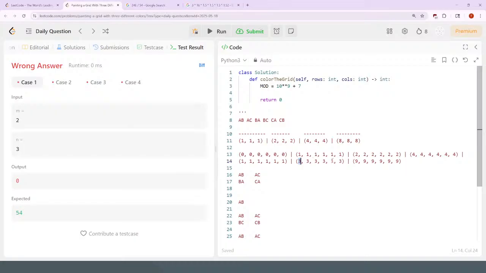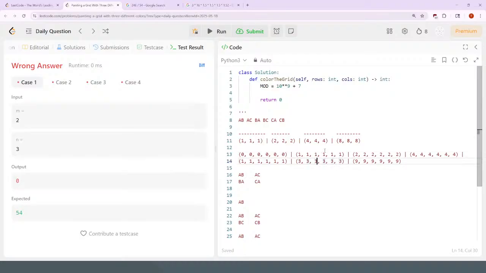So this has to be A, B, so this thing has to be A. So the number of ways where this is A is, this is B, and this is A, or this spot is C, and this spot is A. So for this spot being B and this spot being A, I can kind of see what this 3 here is. So if this is B and this is A, there's 3 ways of doing that.